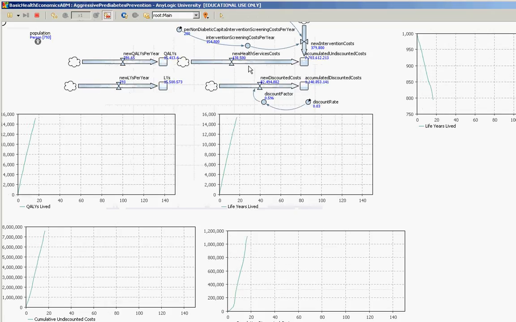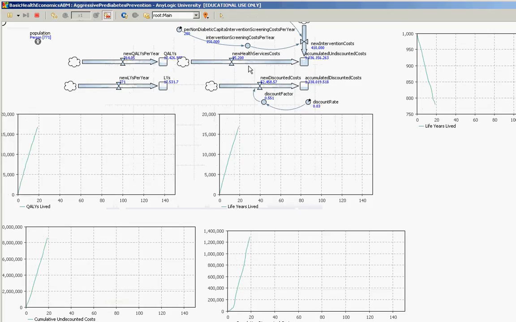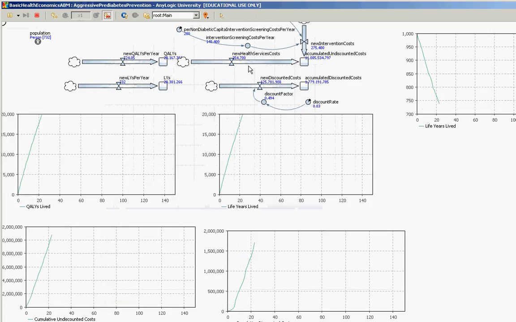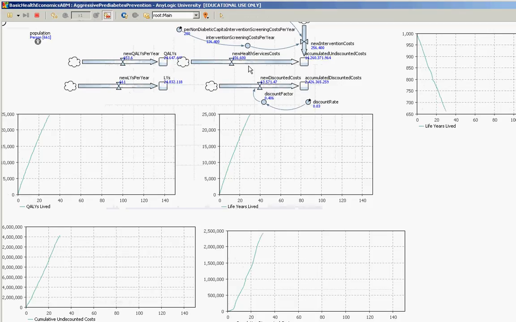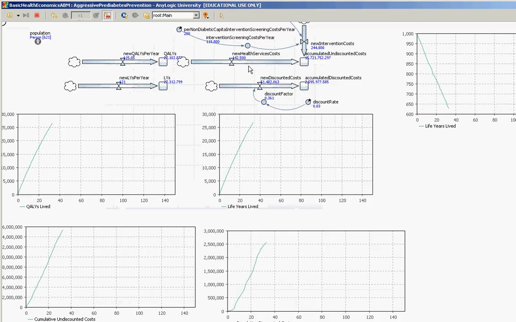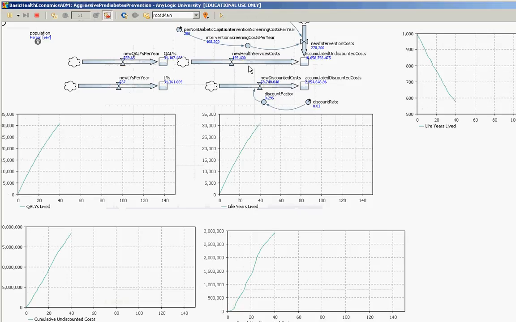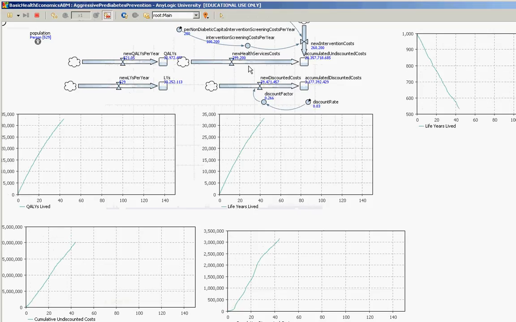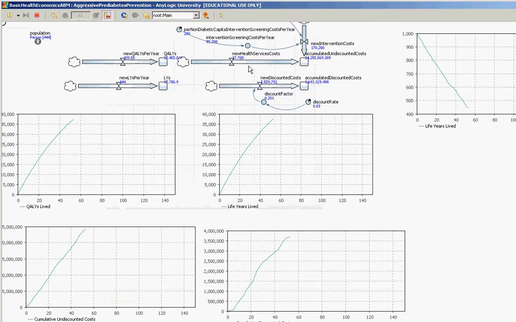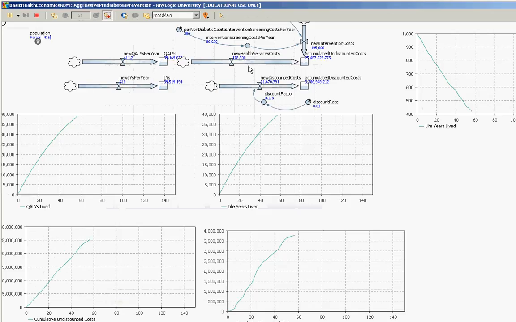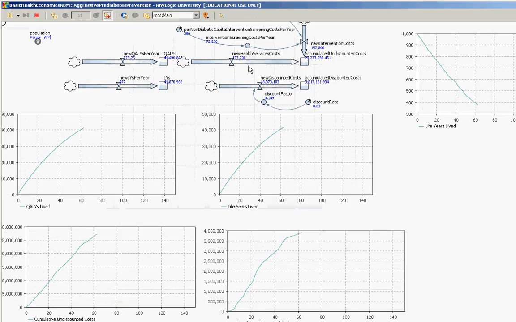We're keeping people healthier for longer. We're probably going to be preventing quite a number of cases of diabetes. That is, people will die before they develop diabetes. On the other hand, that comes at a cost. Costs in terms of preventing it. Once again, we are seeing very significant intervention costs remaining here.